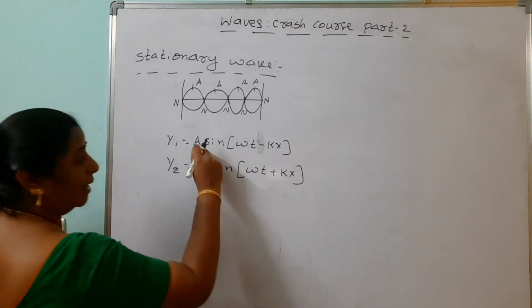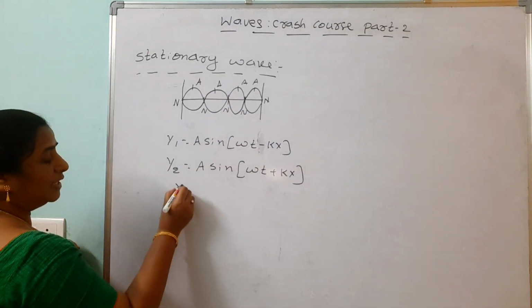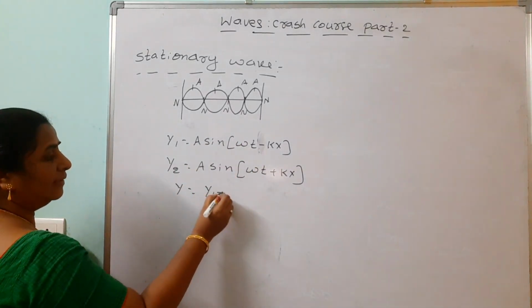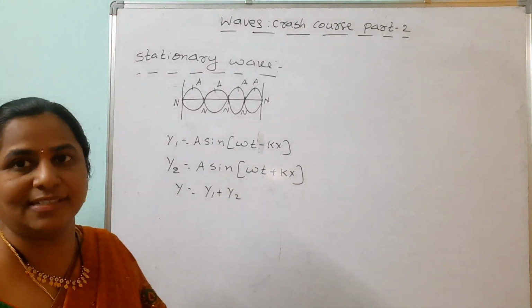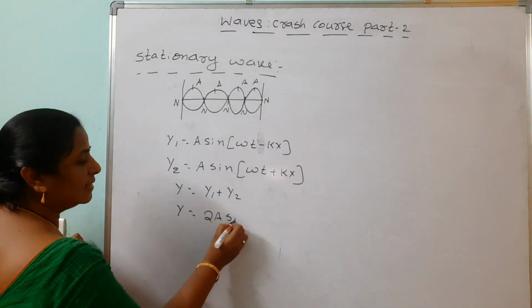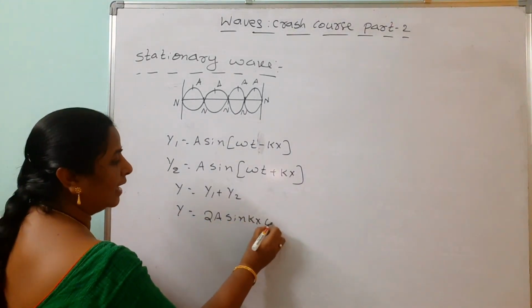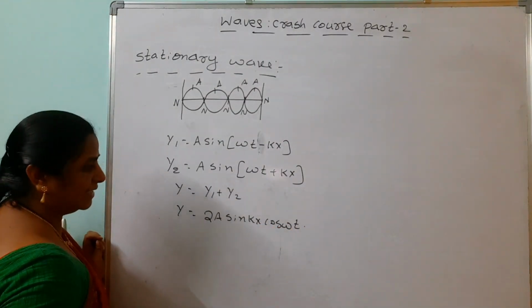Both have the same amplitude and the same frequency. From the principle of superposition we add y1 plus y2 to get the displacement of the stationary wave. After simplification we get 2a sin kx cos omega t. It is very important for the final IPE exams also.